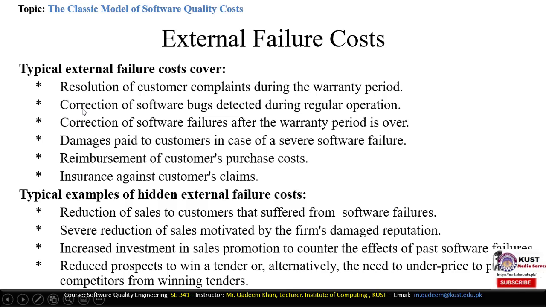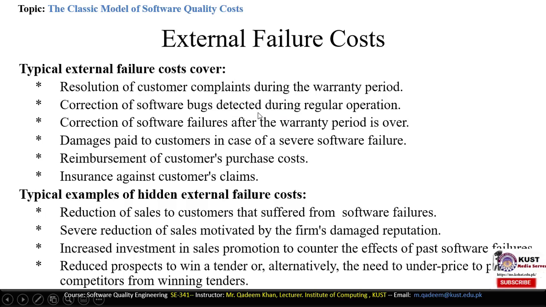Second is the correction of software bugs detected during regular operations. If the customer or user is using the software system regularly in his or her environment, then certain bugs may arise there. So the correction of those bugs is called the external failure cost, meaning the cost that occurs on the correction of software bugs detected during regular operations.